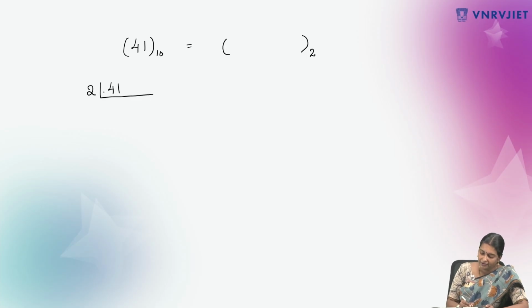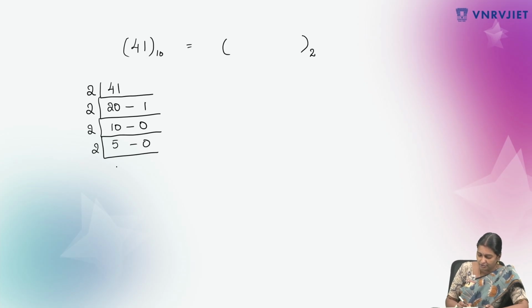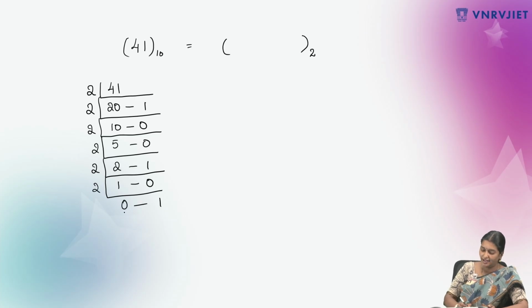So 41 divided by 2 gives 20 and the remainder is 1. And 20 divided by 2, the quotient is 10 and the remainder is 0. Then 5 with a 0, 2 with a 1, and then 1 with a 0. We do this until we get 0 as the quotient.